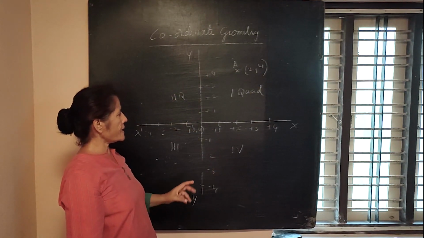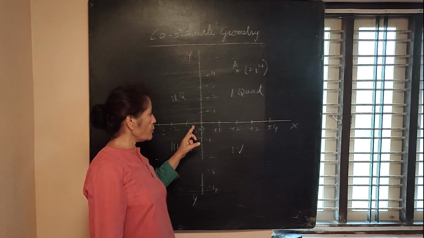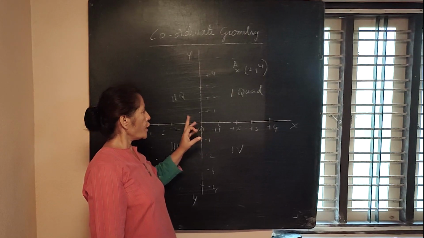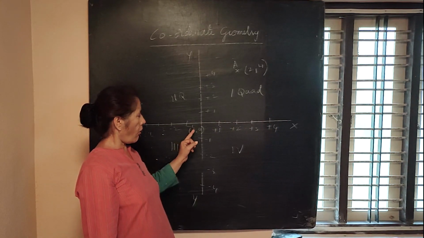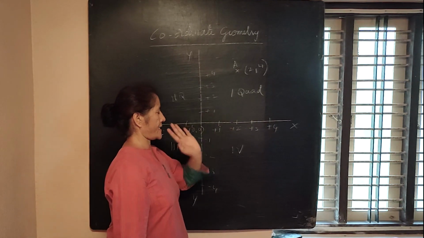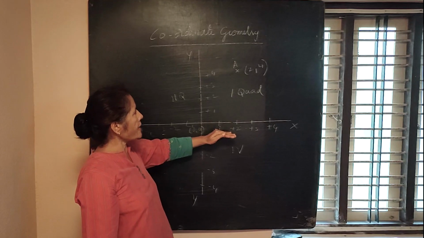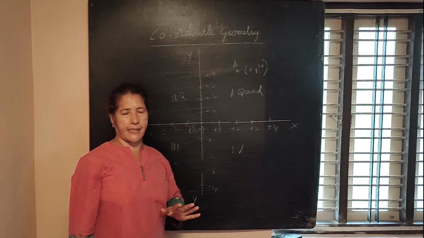That means 2 is, as you move from the y-axis, 2 units to the right hand side, or I can say 2 units from the y-axis. And as I move up, 4 units from the x-axis.